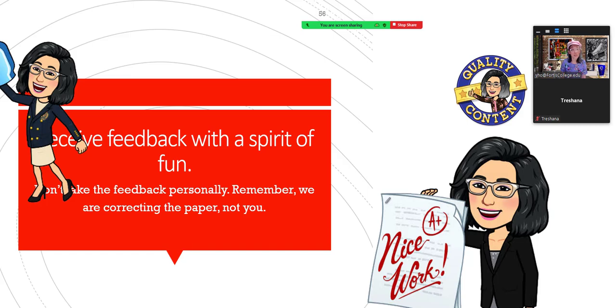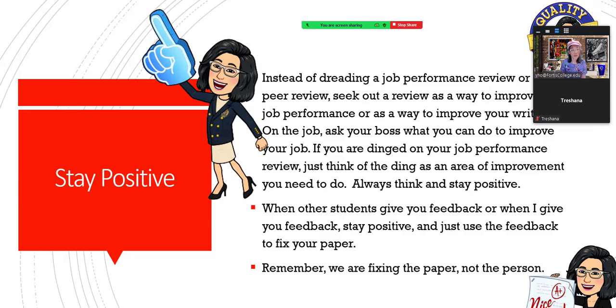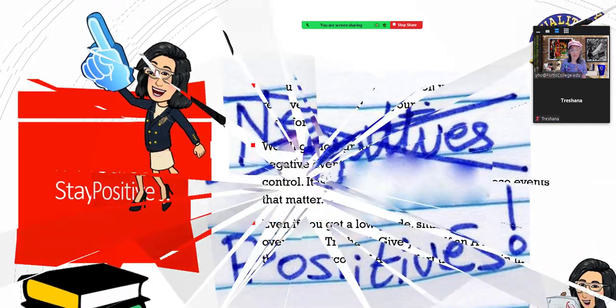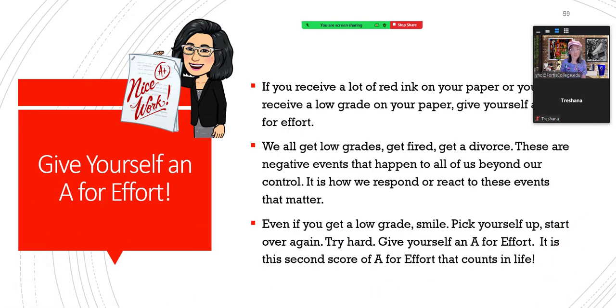Remember, we are correcting the paper, not you. Receive the feedback with a spirit of fun. Stay positive. Always be positive. Give yourself an A for effort. So we all get low grades or get fired, and these are all negative events that happen to all of us beyond our control. But it is how we respond or react to these events that matters.